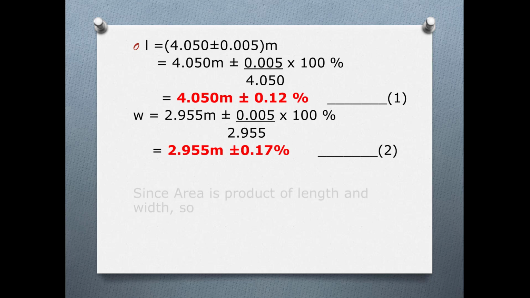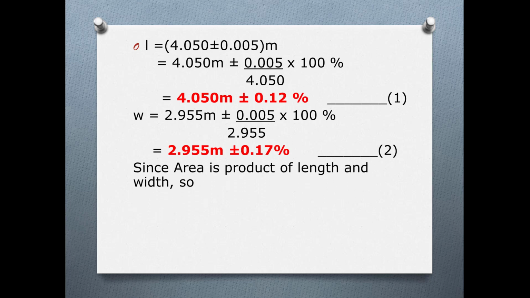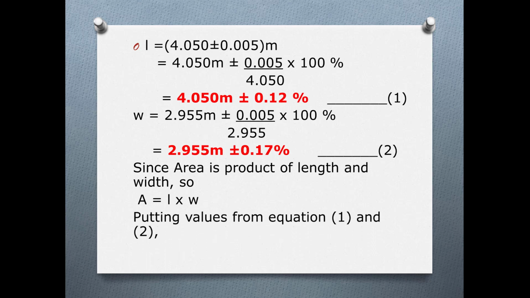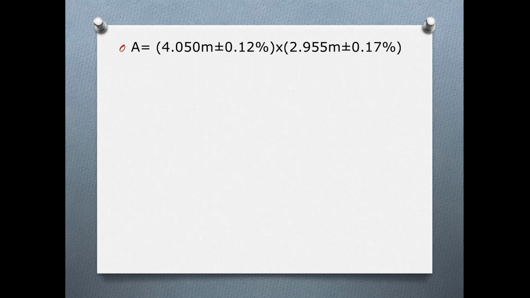So we know that area is the product of length and width. We can write it as A is equal to L multiplied by W. By using equations 1 and 2, we now have the values of L and W. We can put these values: 4.050 meters plus minus 0.12% multiplied by 2.955 meters plus minus 0.17%.